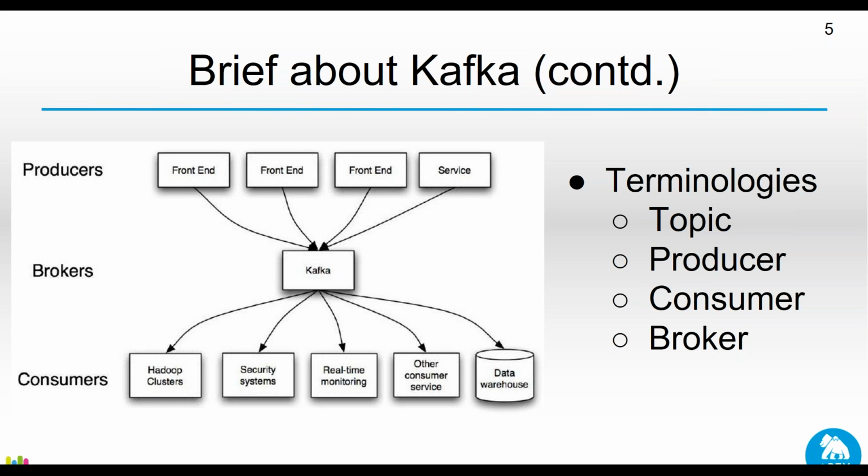In between, you see the term broker. It's nothing but the set of nodes in a Kafka cluster. You can think of them as a serving layer between the producer and the consumer. Whatever the producer publishes, the consumer is not aware of unless it subscribes to that particular topic.